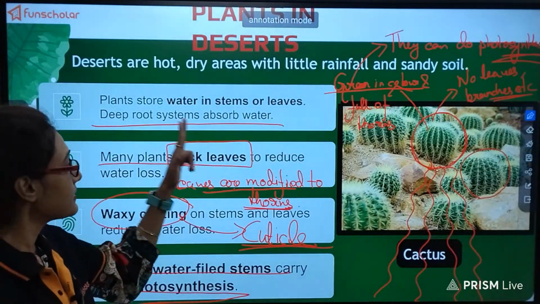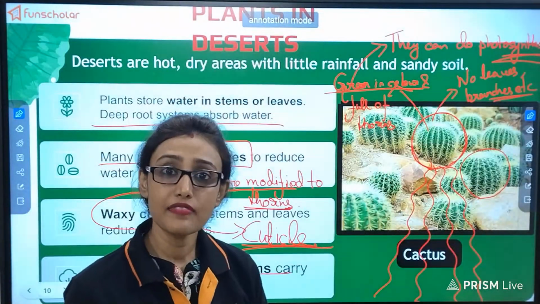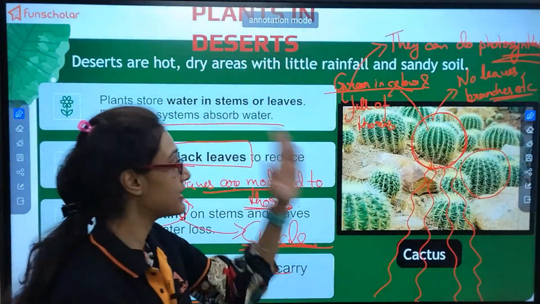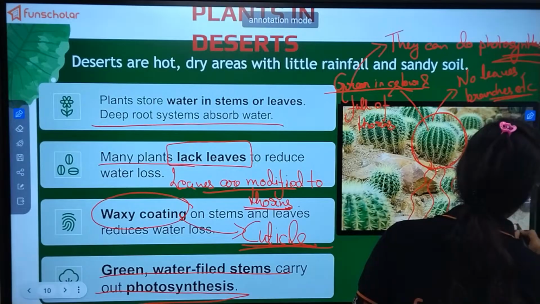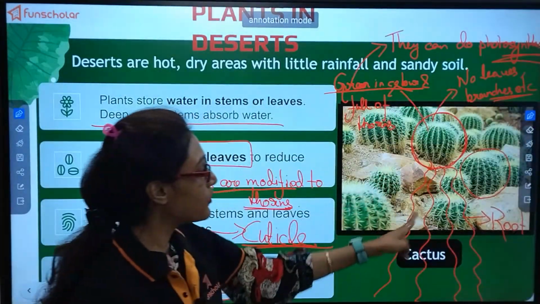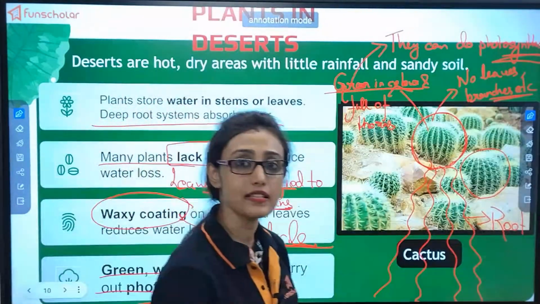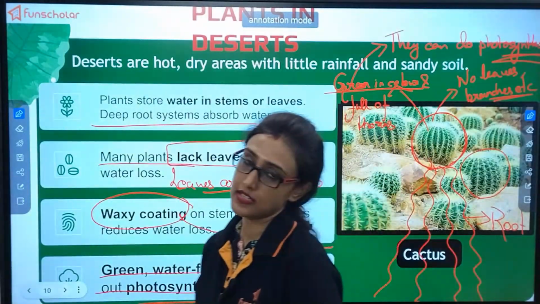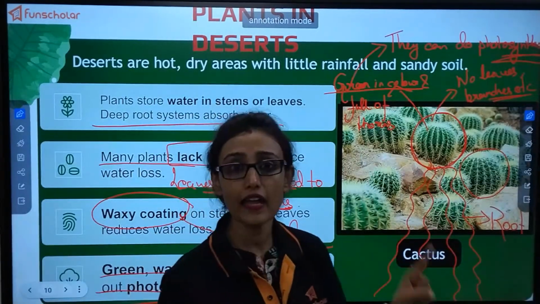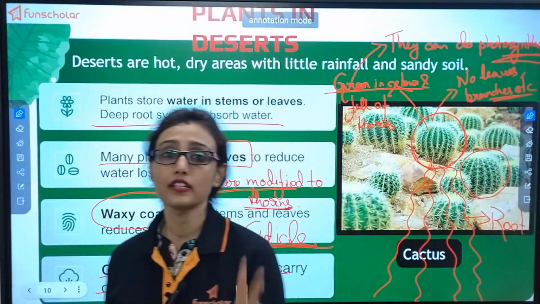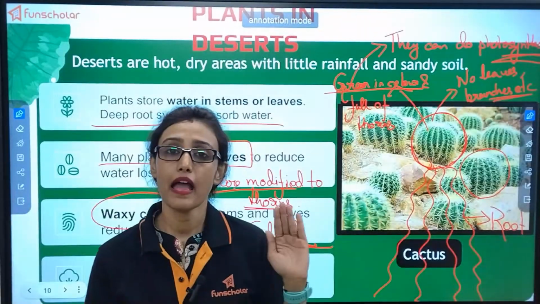Okay. So what are the main things? From the picture only you can say they have no leaves, they have no branches, but they have deep root system. Why? Because of scarcity of water. Second, they have only stem which is green in color, and since it is green, these plants are capable of doing photosynthesis. Third, the leaves are being modified into thorns. Why? To prevent water loss, for the storage of water, and most importantly, prevent attack from animals.